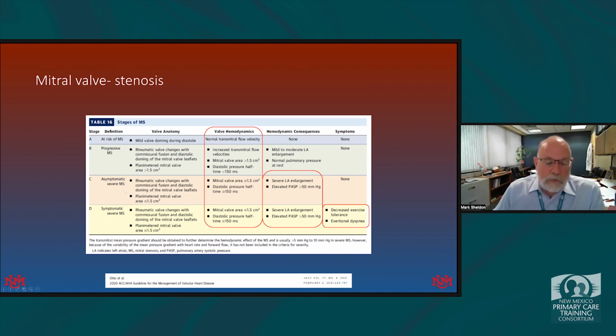Again, stage C is where we want to concentrate a lot of our efforts, to try to intervene early rather than late. This is a classic patient that will come to your office and say, yeah, I feel fine, but they have severe mitral stenosis based on an echo that you got a month ago. You ask them about their exercise tolerance and they say, oh, I can do everything I used to do.